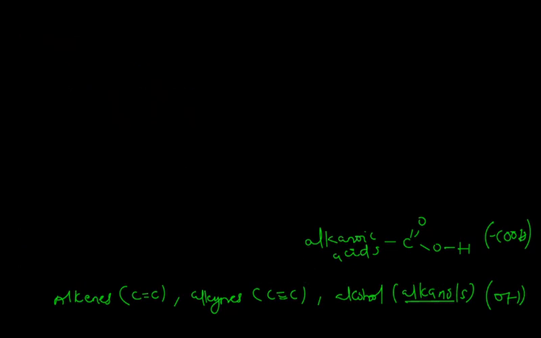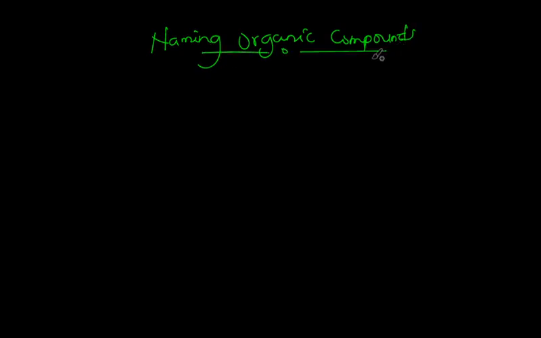Now let's have a look at how to name organic compounds. These alkanes, alkynes, let's just do a brief naming of them. Depending on the functional group of the compound, the name of the compound differs.